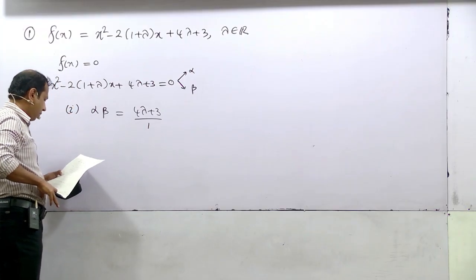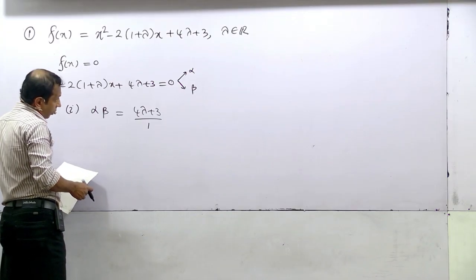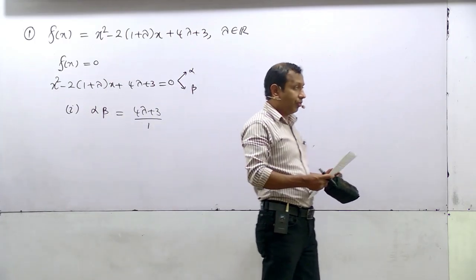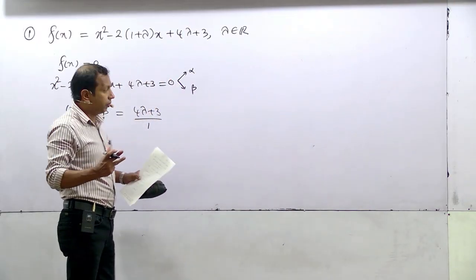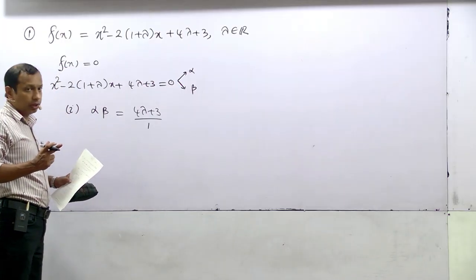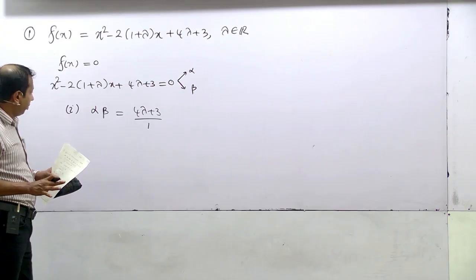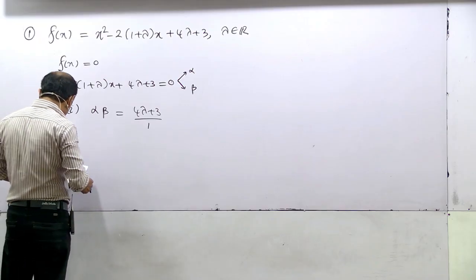Then, when alpha and beta are in opposite signs, when alpha is positive, beta should be negative, and the other way. If alpha and beta are in opposite signs, the alpha beta product should be negative.